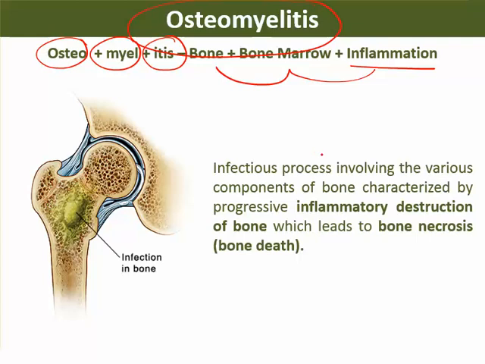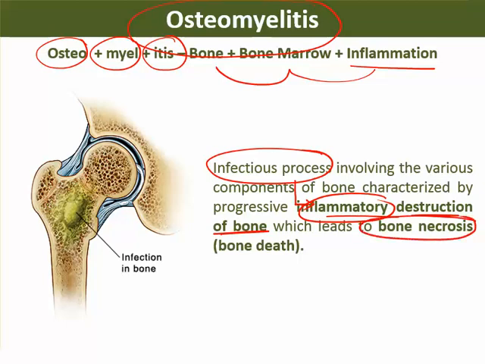So it is an infectious process, and infection always leads to inflammation. Inflammation then leads to destruction of the bone, and that leads to bone necrosis. Bone necrosis means bone death. This whole process happens in osteomyelitis.